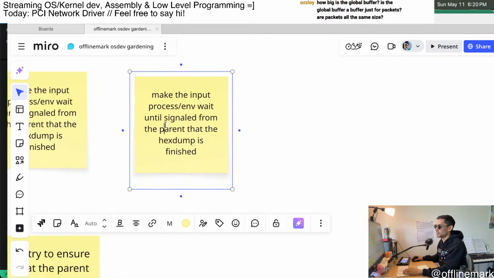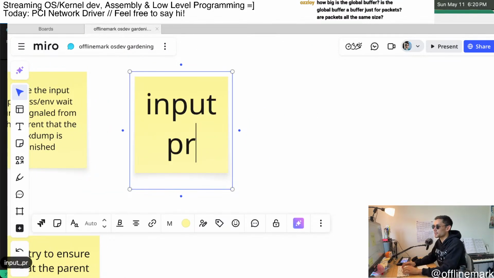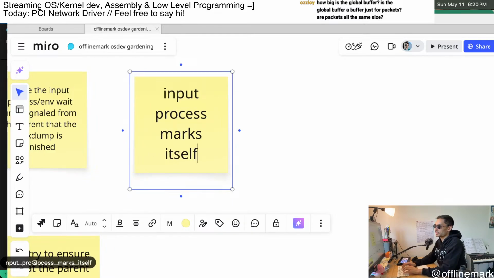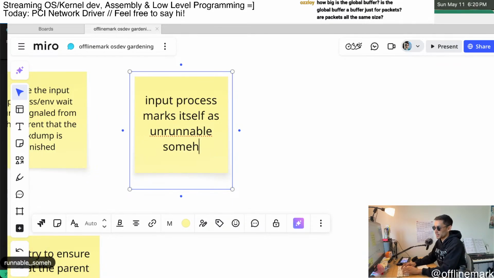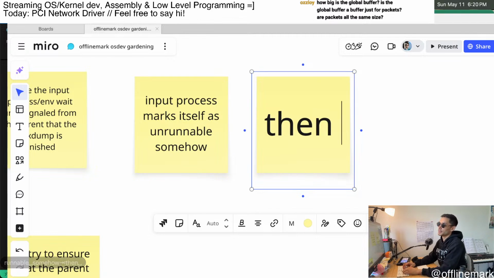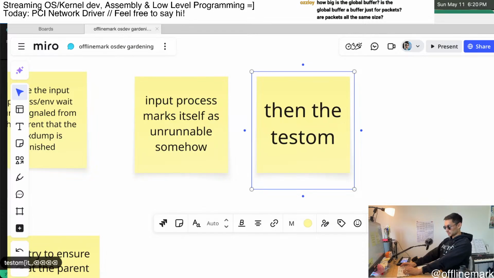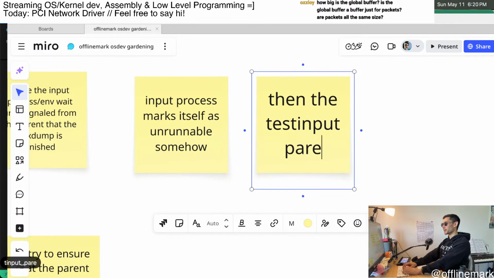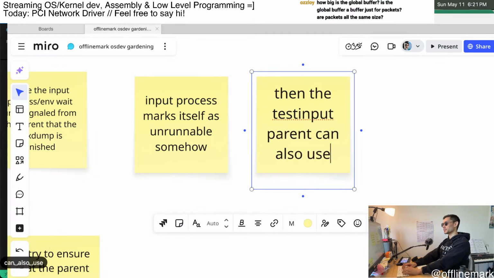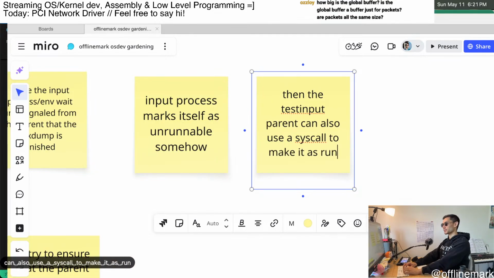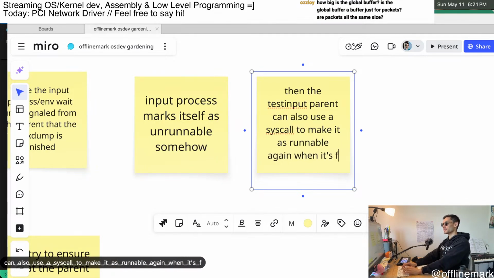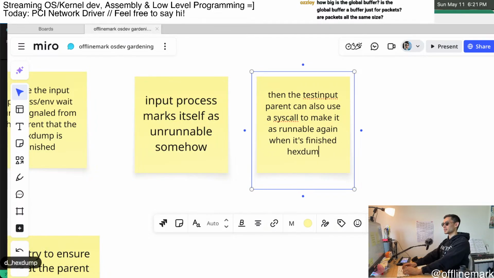So one implementation would be: the input process marks itself as unrunnable somehow. Then the test input parent can also use a syscall to mark it as runnable again when it's finished hex dumping. That might be interesting to try. I'm kind of curious.